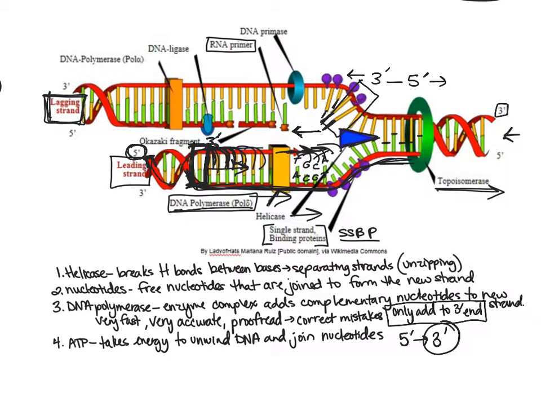So our DNA polymerase is going to come in here, it's going to add to the free 3' end as it goes along, but then it's going to bump into this starting point of the DNA polymerase that started before it.